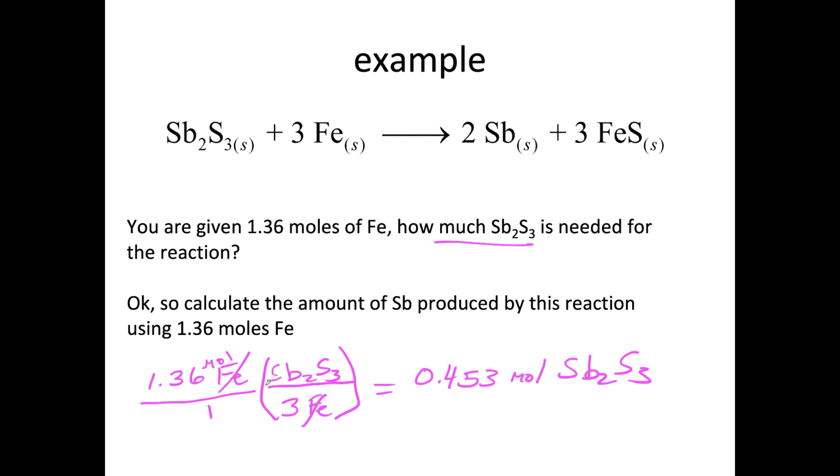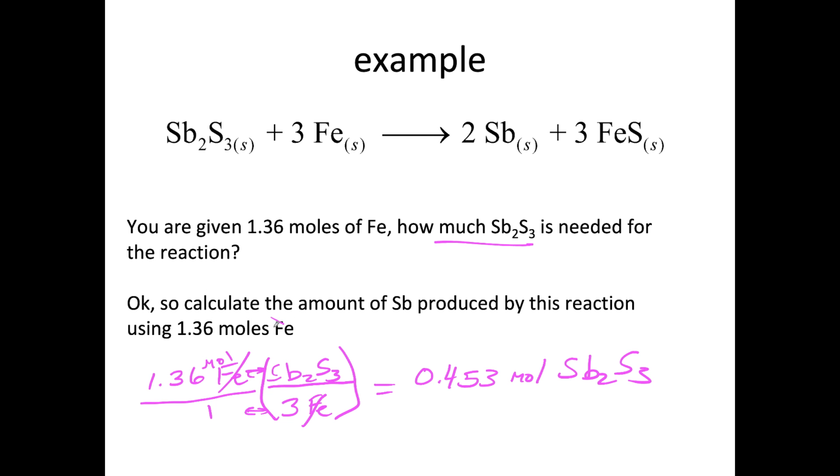I want to point out, guys, when you're doing this, we're crossing out, but I don't go 1.36 times 3. There's a small error people make, and please don't. Remember, you multiply everything on the top, multiply everything on the bottom, and then you divide.